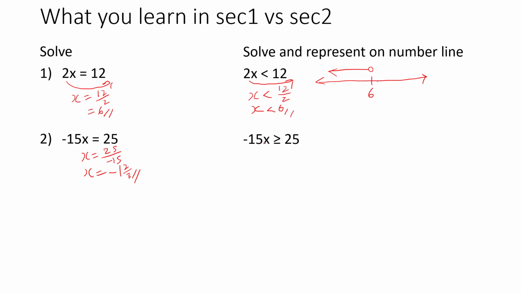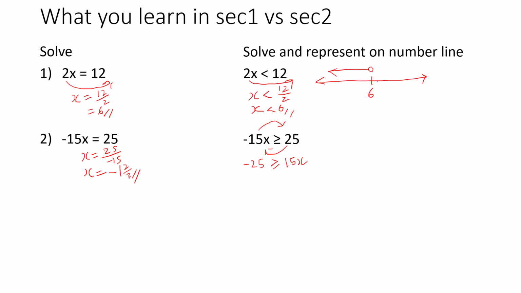In this case, x have a negative coefficient. We need to move the whole thing to this side and 25 to the other side. So what I will get is negative 25 is larger or equals to 15x.